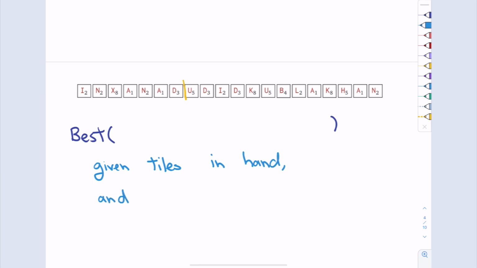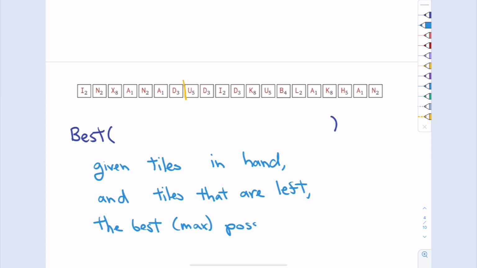And tiles that are left, the best, which for us is the max possible score. Okay. We haven't done anything too formal yet, but at a high level, what have we done?